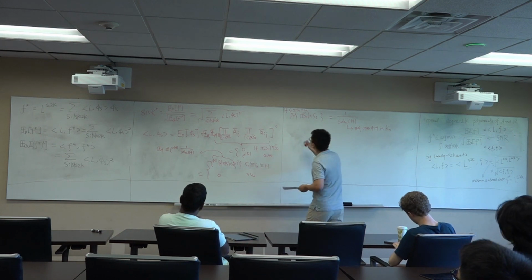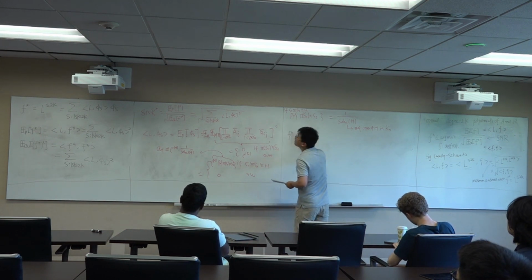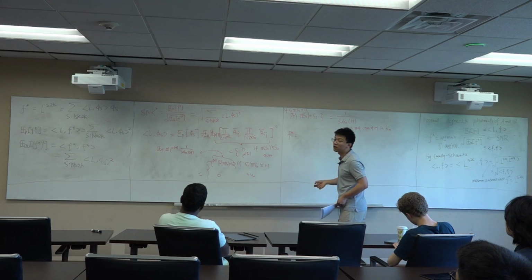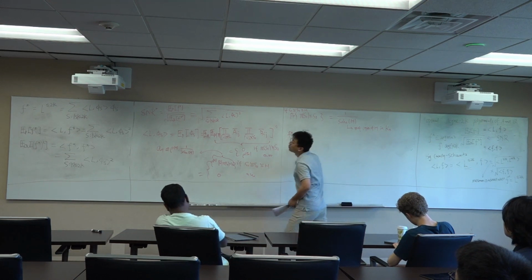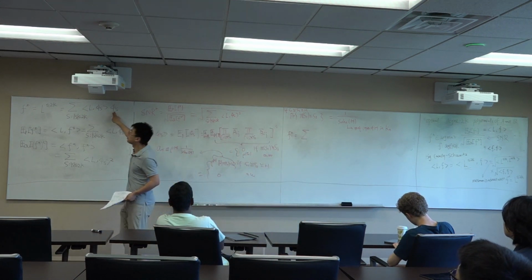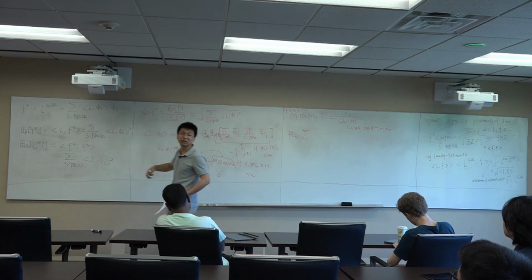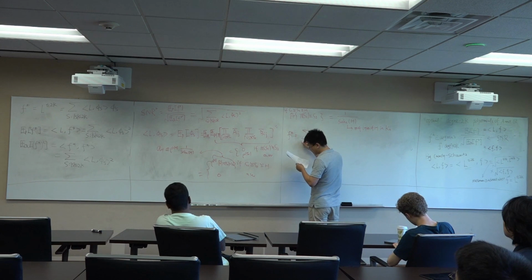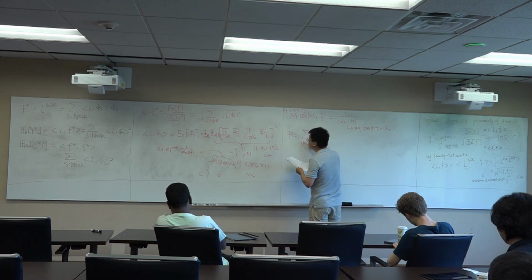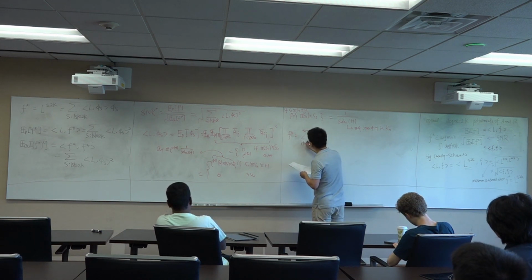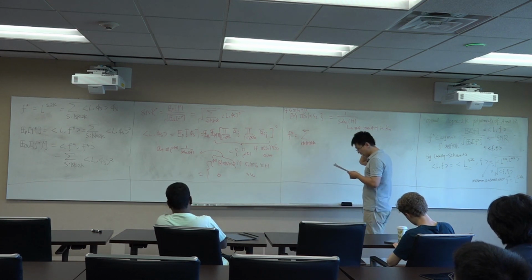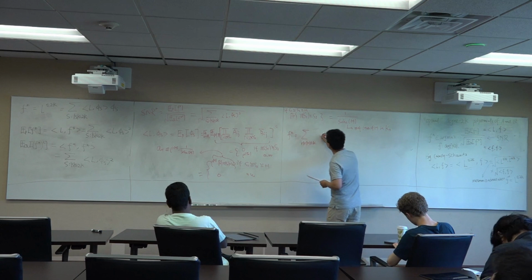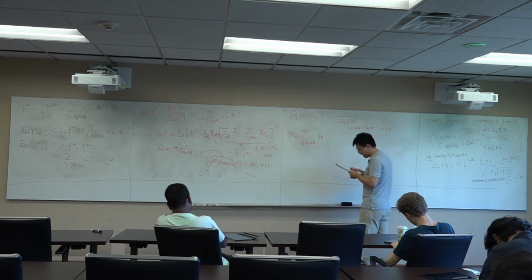Okay, so let me now plug this in. Let me first evaluate what exactly F star is. So remember, this is the expression of F star. I already computed this coefficient. Now I can plug in. So basically that means I have to sum up over H, where the number of edges of H is at most K, and I have a coefficient AH.